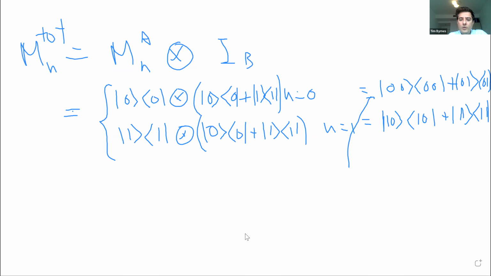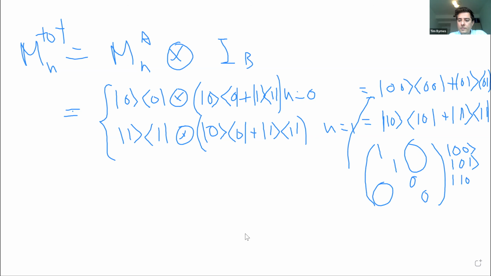Then, for example, if we wanted to write the matrix of that state, it would be 1, 1, 0, 0, and all these off-diagonals 0. And the ordering of these things, I'm assuming, is like this. So this is just a second example of the more general case, in case Bob doesn't do any kind of measurement.